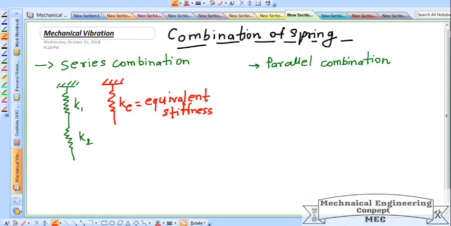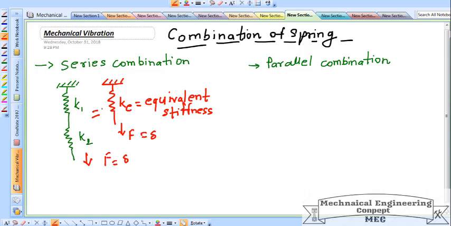When the force F is applied to that spring, the spring Ke will undergo the deflection del, which is equal to the series combination value del, because these two springs will be represented in this way.